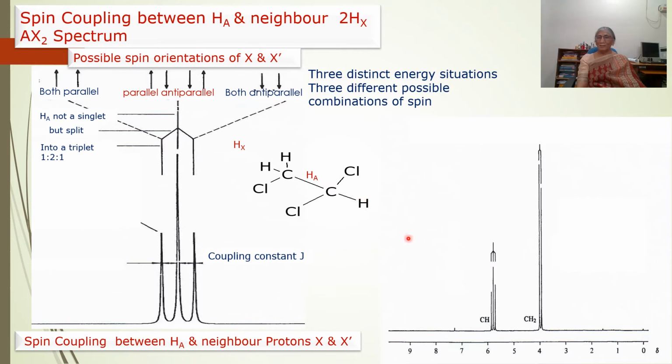This condition is represented by the example 1,1,2-trichloroethane. This is the NMR spectrum of this compound. There is a signal because of the methine proton and a signal because of the methylene protons. Two methylene protons will couple with one methine proton, and the signal of the methylene protons will split up into two peaks with the ratio 1:1.